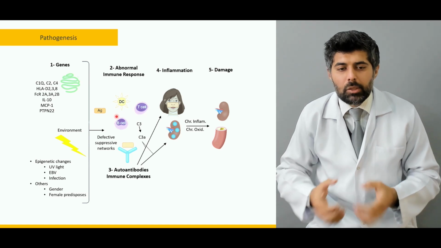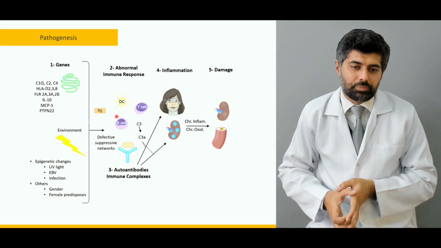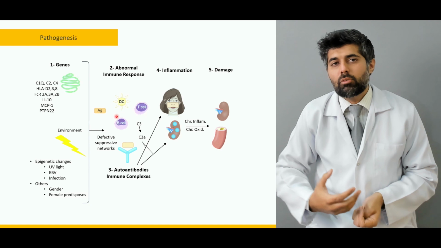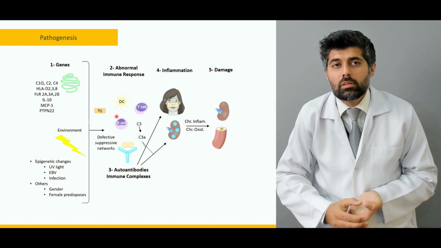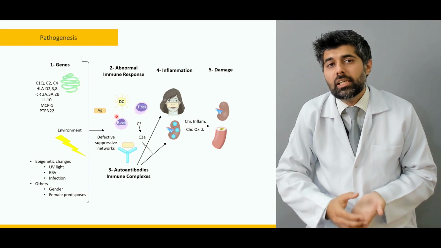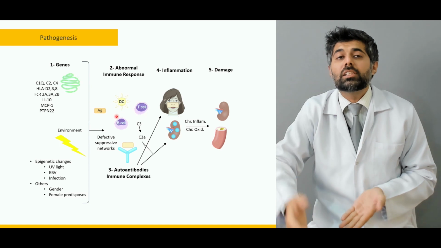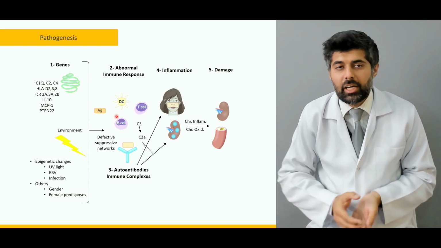Whatever it is, it will result in defective suppressive pathways. So the normal immune response becomes abnormal, and the suppression of the antigenicity, that is the introduction of the antigen, is suppressed. So the suppression networks are defective.